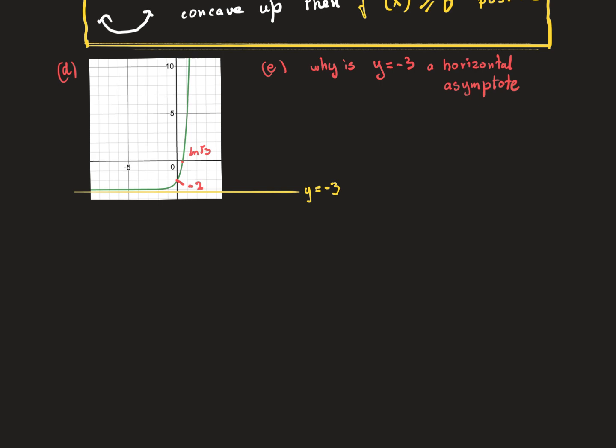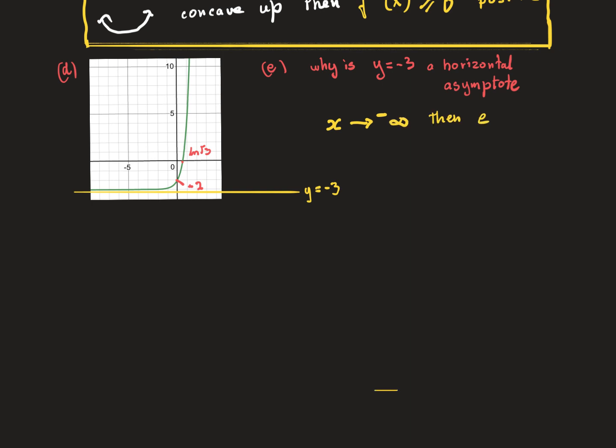And so why is -3 a horizontal asymptote? To explain this, it means that y values never go below -3 or never touch y = -3. You're going to show that this function can never go below -3. So what you want to do is to substitute into that function all the way down to -infinity.